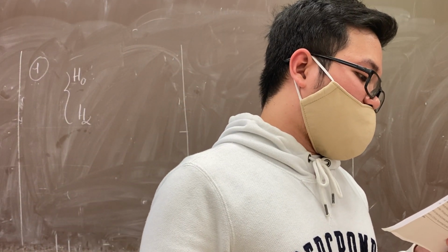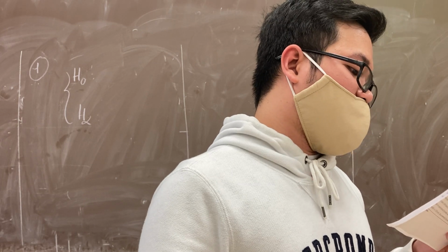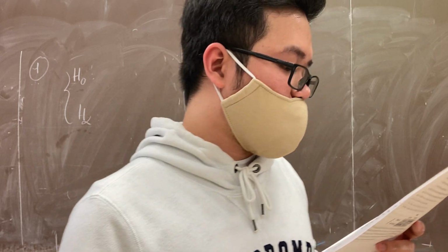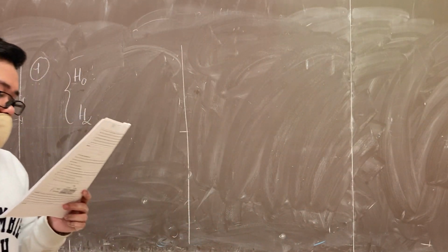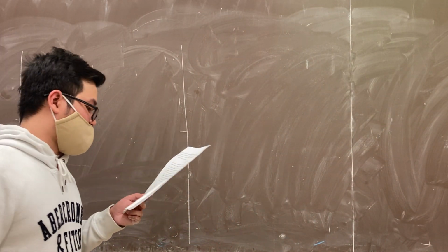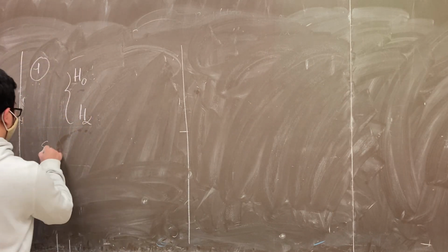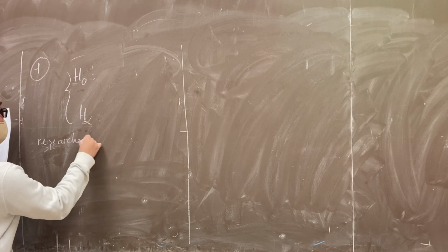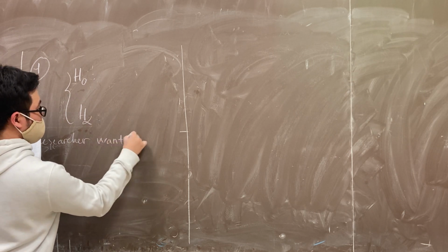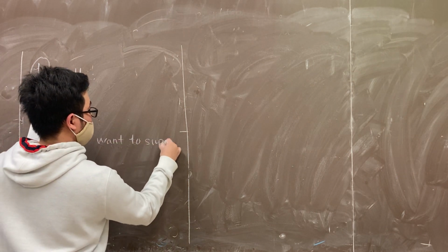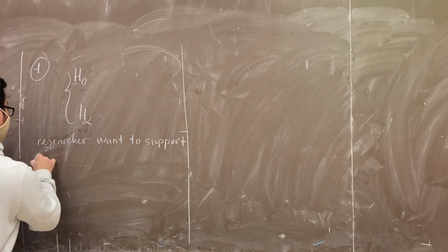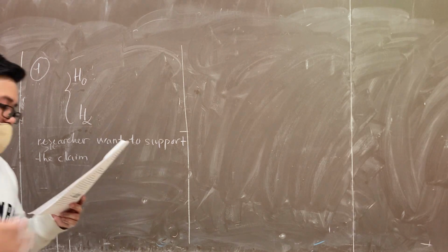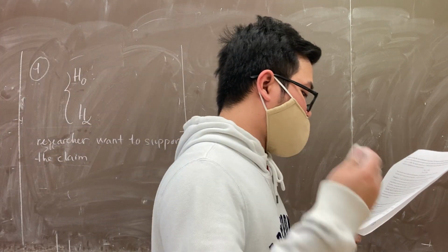We want to find evidence to substantiate the publisher's claim. Okay, and we substantiate, right? We support the claim. That is the researcher. The researcher wants to support the claim. Okay, what is the claim?